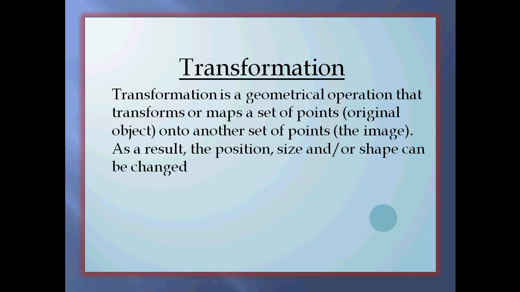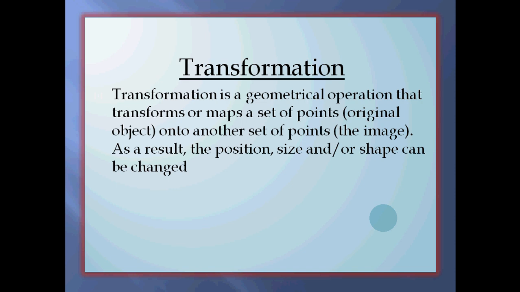So, a transformation in mathematics is a geometrical operation that transforms or maps a set of points, which we are calling the original object, onto another set of points which we call the image.